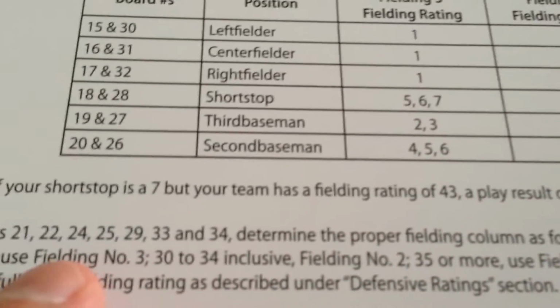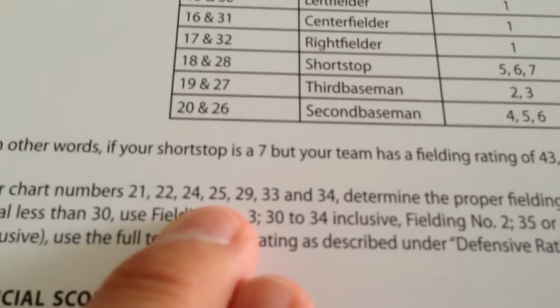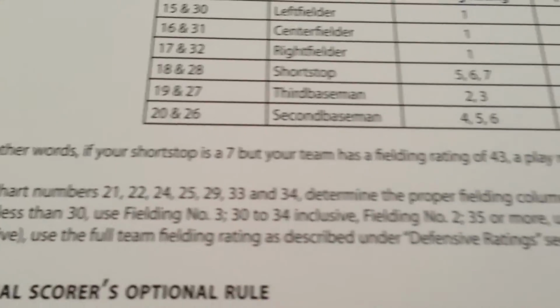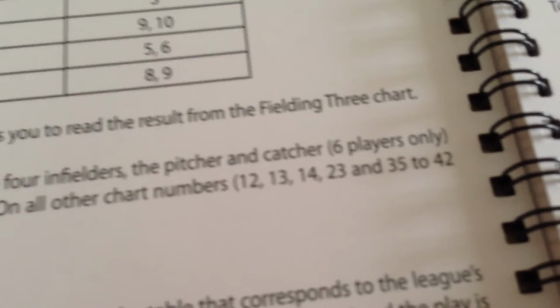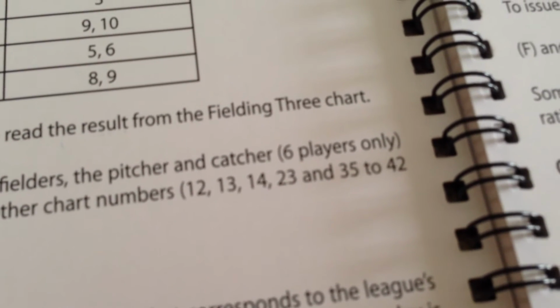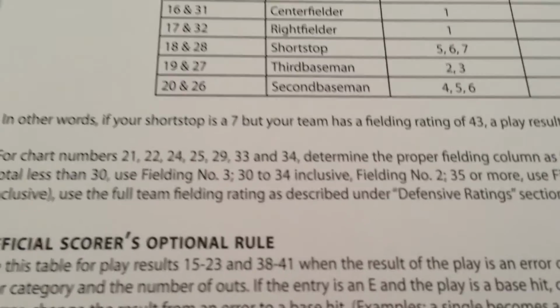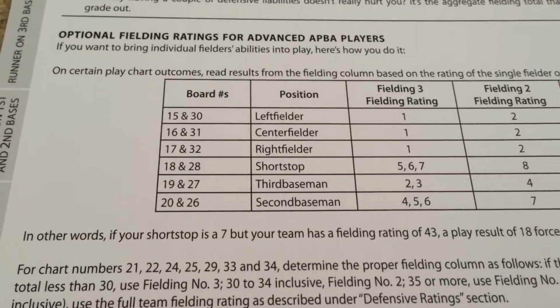So this is another area, a subgroup of factors, that can affect which fielding column to use. And then on all the other chart numbers, which are 12, 13, 14, 23, and then 35 to 42, you just use the team fielding rating. So this is another way to provide a little more detail into the game.